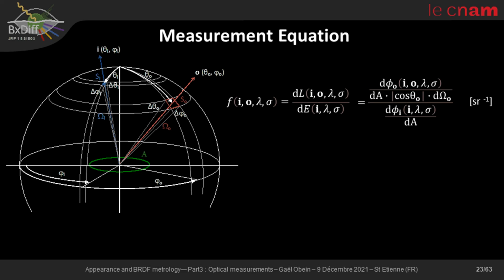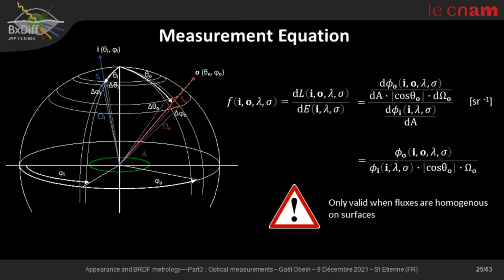So this is the definition of the geometrical extent here, and here the surface. And you see that in the reflectance, the illuminated surface cancels. So at the end, what you have to do to make a BRDF measurement is to measure the flux in watts reflected in a given direction O, the direction of observation, divided by the flux illuminating the surface.